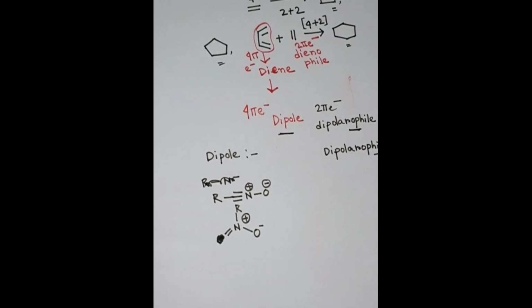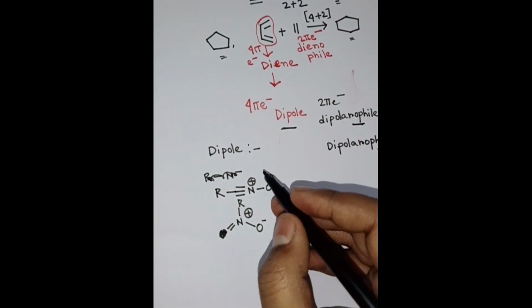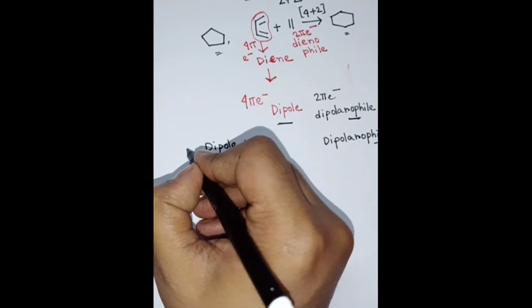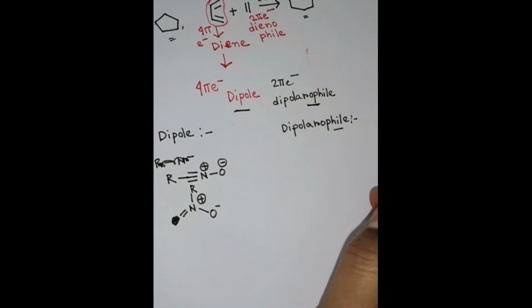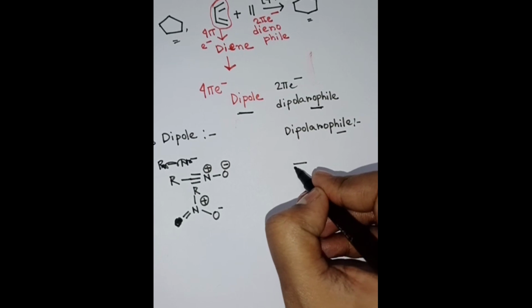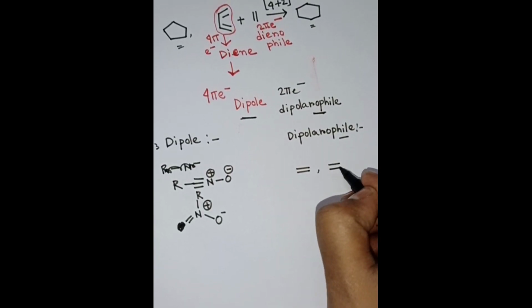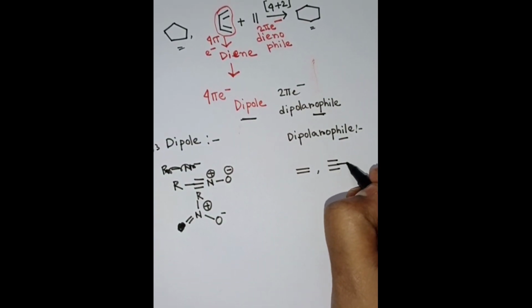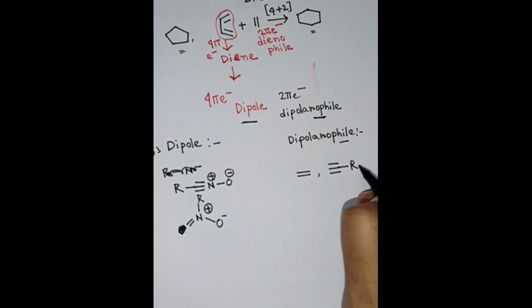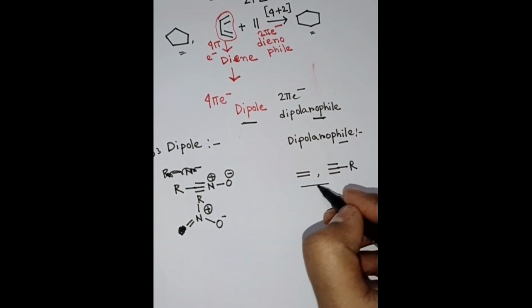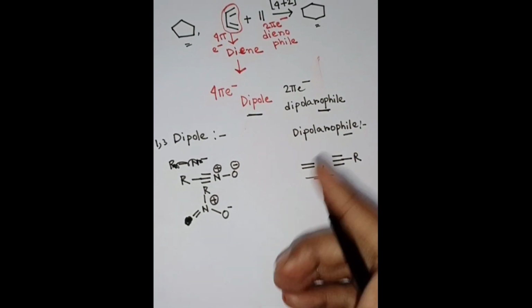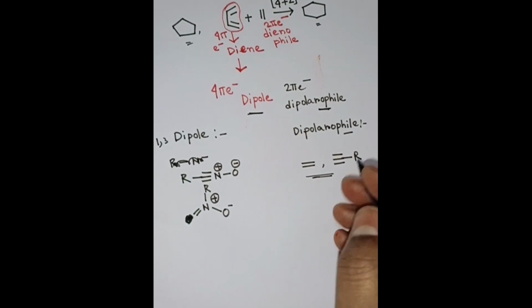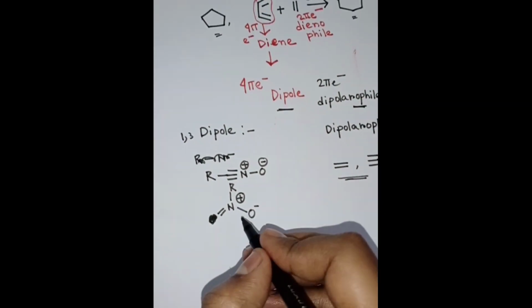This type of compound will be called a dipole, a 1,3 dipole. And dipolarophiles are generally alkene or alkyne type of compounds. If you write a substituent here, these types of compounds are called dipolarophiles.